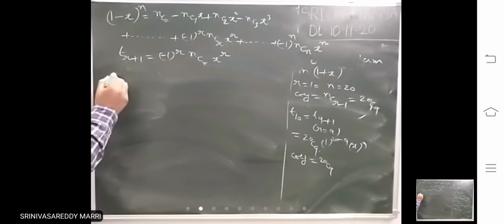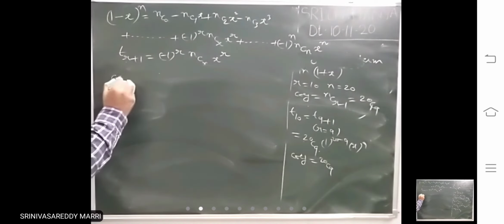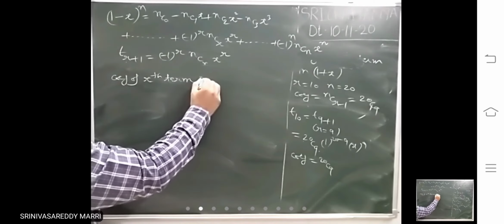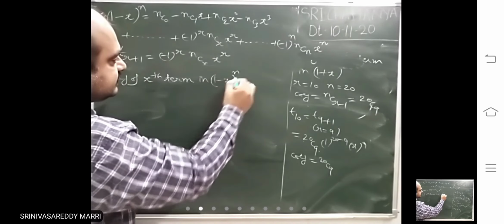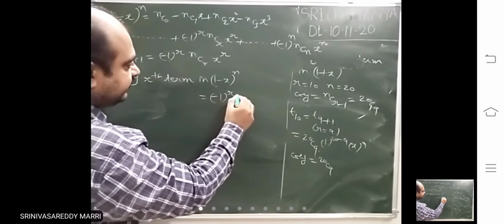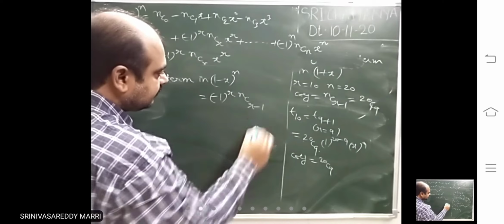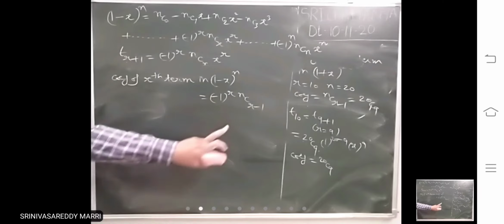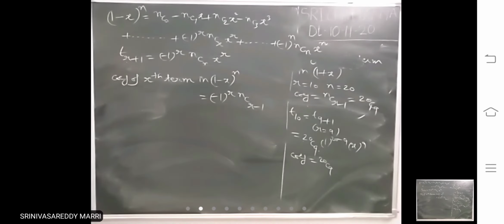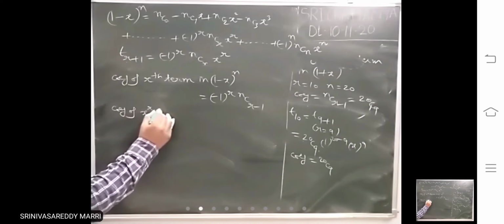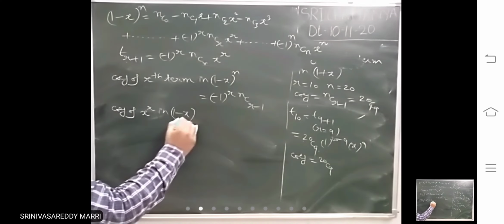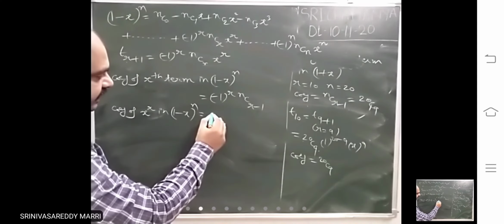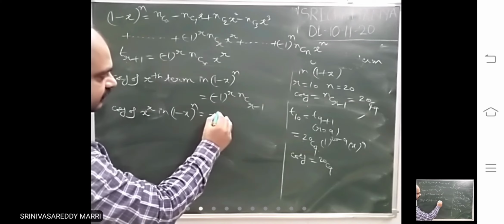Here, suppose the coefficient of the rth term in (1 minus x) whole power n equals, previously the same formula, minus 1 whole power r minus 1 into nC(r-1).